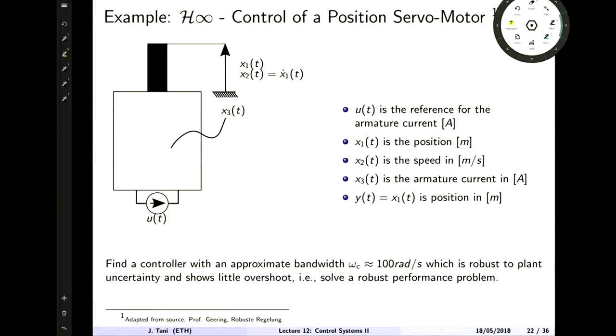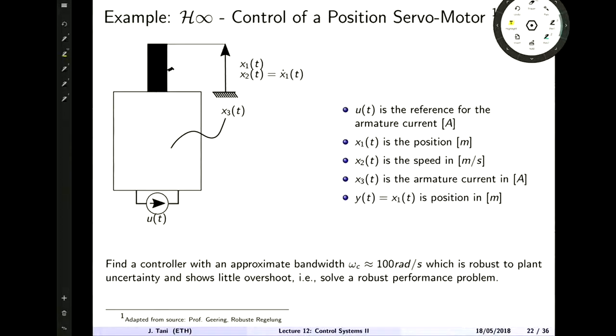Okay, so what's the system? It's from a script, this ETH script I found, and it's a servo motor. So we have, this is a translational servo motor, so this black bar we have over here is moved up and down, and x1 is the position of the servo motor, x2 is the speed, so x1 dot, and x3 is an internal state, which is called the armature current.